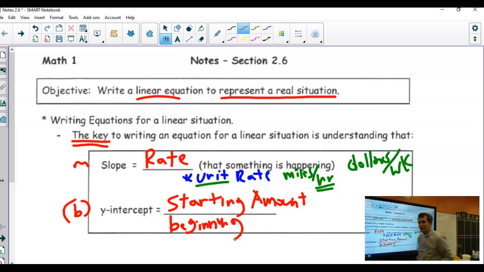I don't think that's truly why, but it's why I say it is. All right, so slope is equal to rate, and the y-intercept is equal to the starting amount. So anytime you calculate the slope in a problem, or anytime you see a rate in a problem, those things are interchangeable, as are the starting amount and the y-intercept.